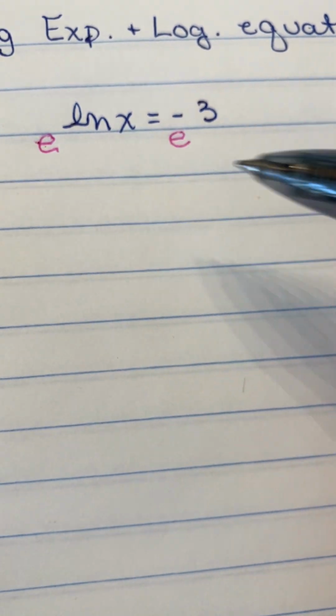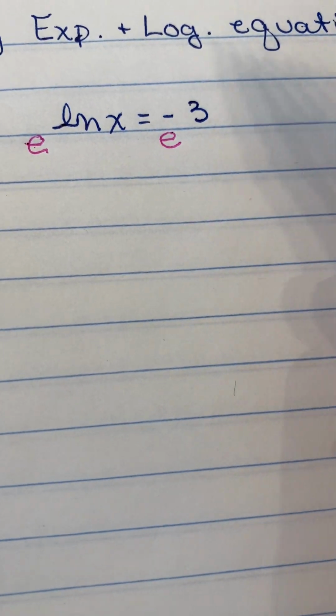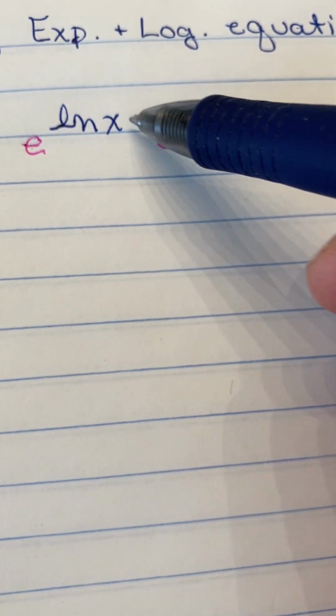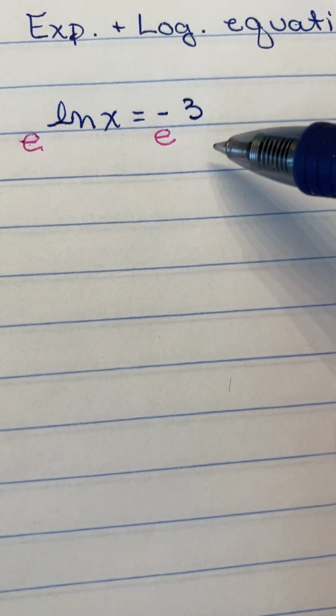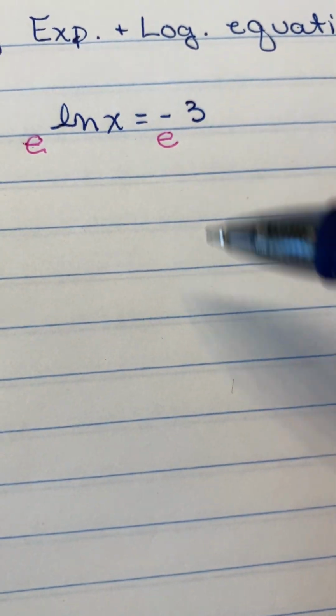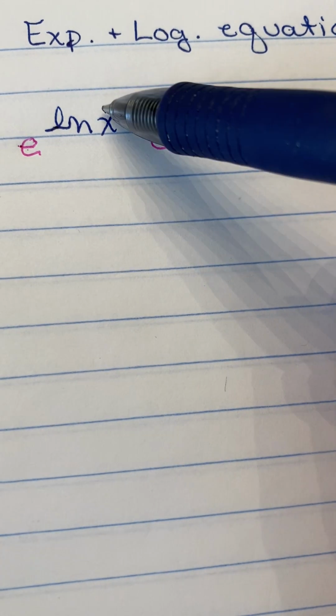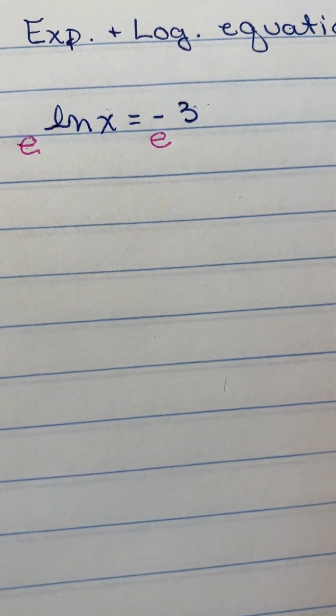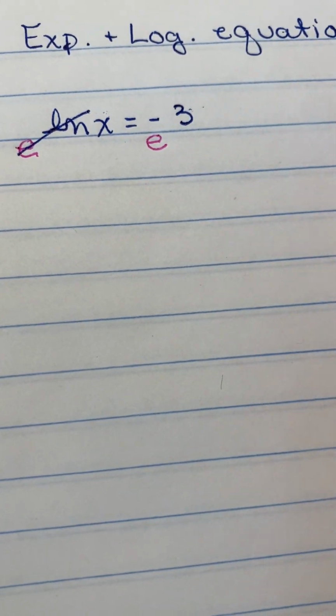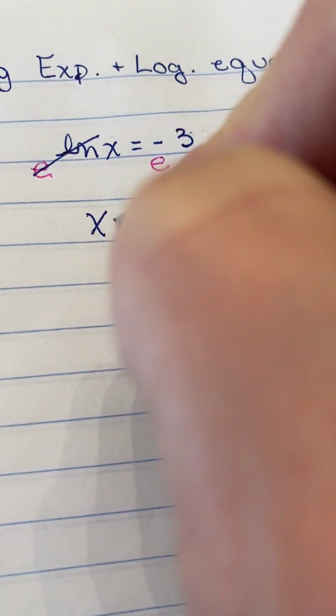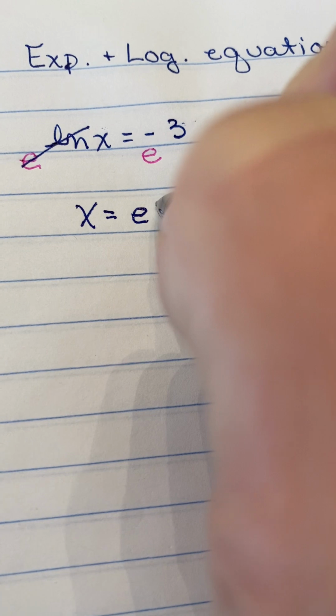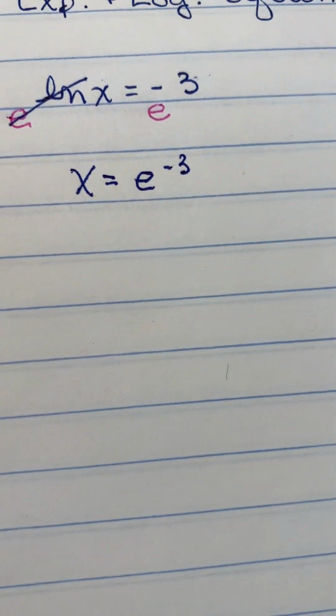We don't take e times it. That's not how we get rid of it. E would be to the natural log. We call this exponentiating, where you slide a little number underneath. And these are the exponents here, perfectly valid mathematical thing to do. So that cancels, and we get x is equal to e to the -3.